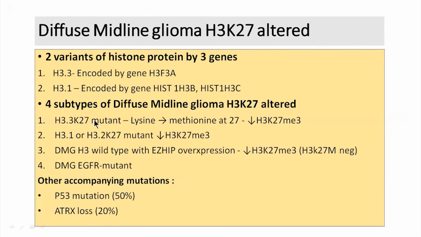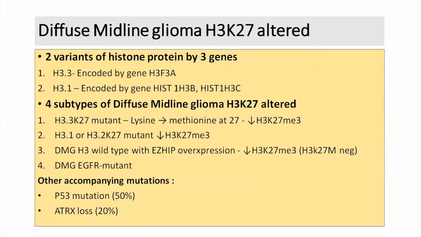One is the classic one, which is the most common type, in which lysine is replaced by methionine at the 27 position. This ultimately leads to increased nuclear expression of mutant protein. So basically, what is H3K27M? It's an antibody against the mutant histone, which highlights the nuclear expression.